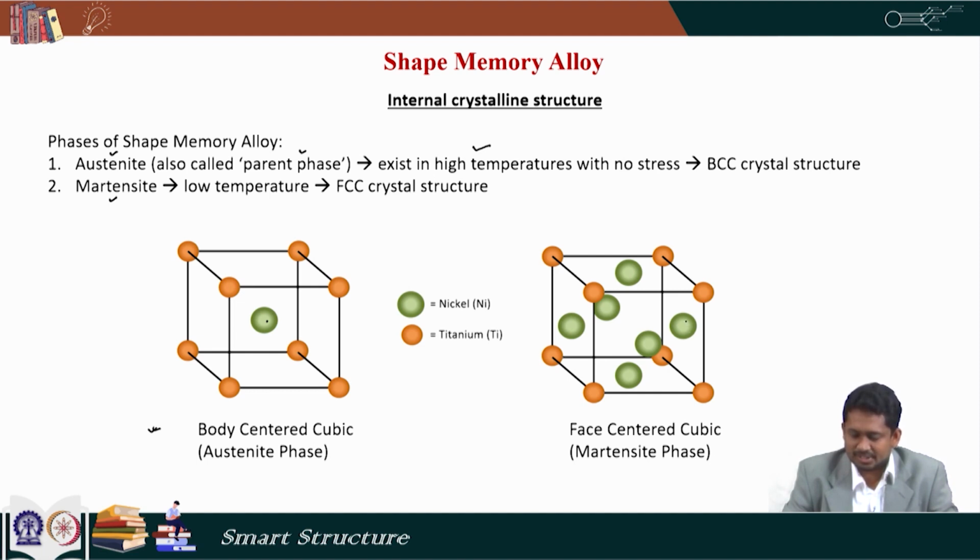Face centered means here the nickel is at the face center of each face, not at the center of the entire volume. So, this body centered structure is shown by austenite, and this face centered structure is shown by martensite.